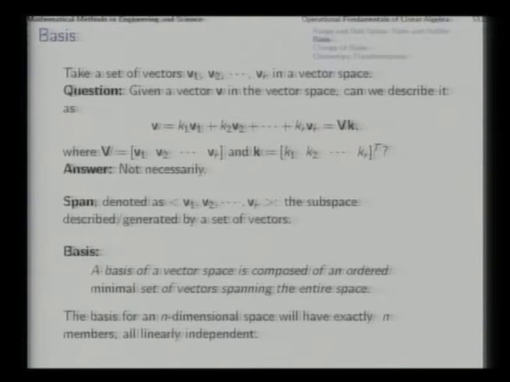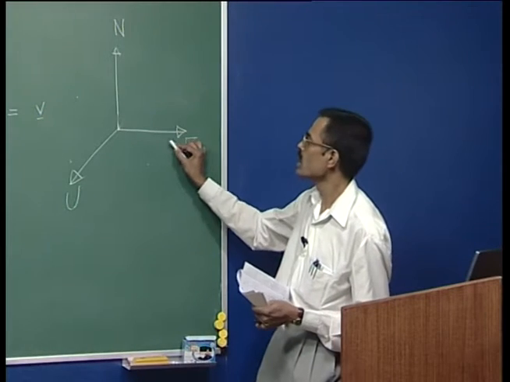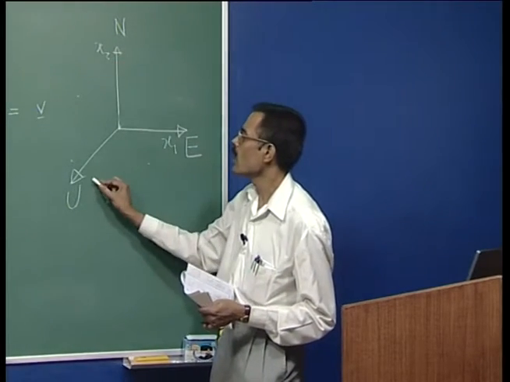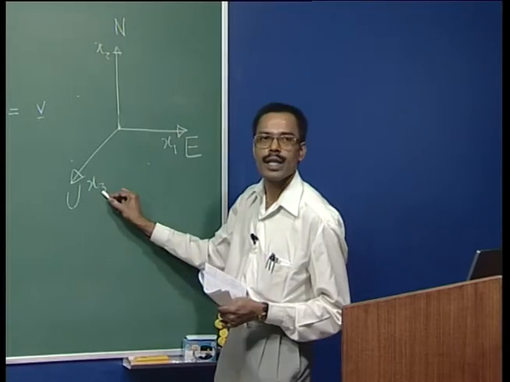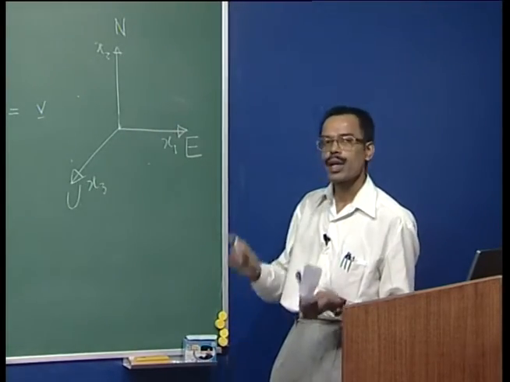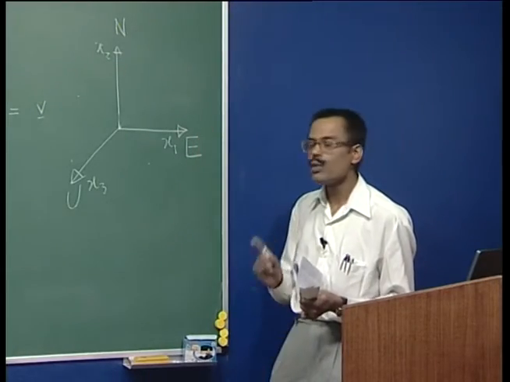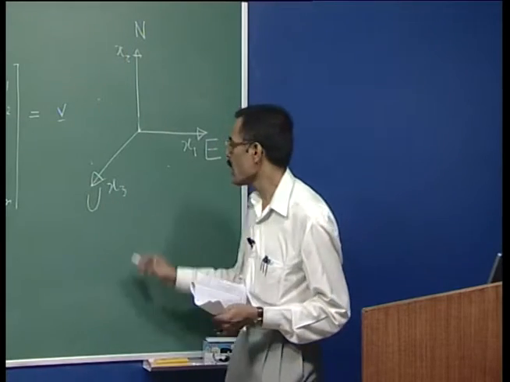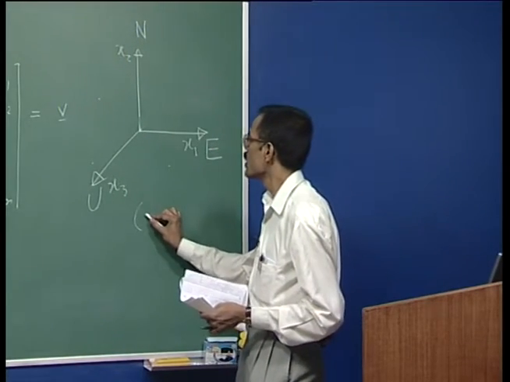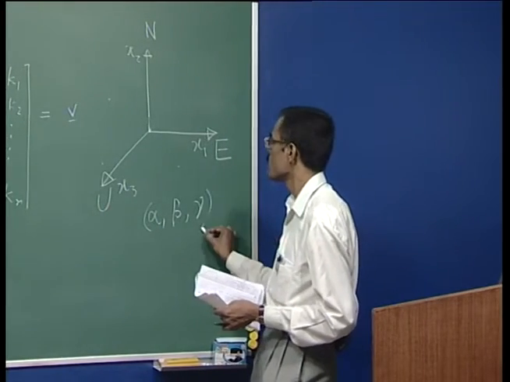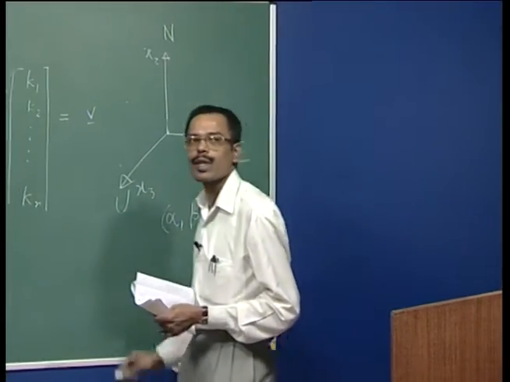Finally, we need to order them. We have to say east is our first coordinate, north is our second coordinate, and up is our third coordinate. As we do this, our job of forming the basis is complete, because now when we say that the coordinate of a particular point in the atmosphere is alpha, beta, gamma, then the description is completely known.